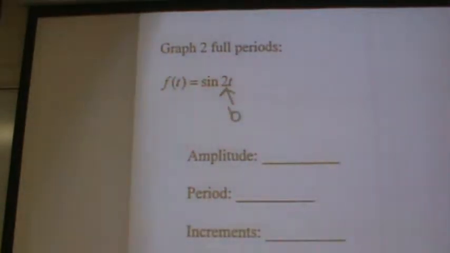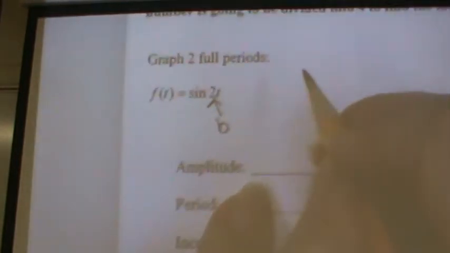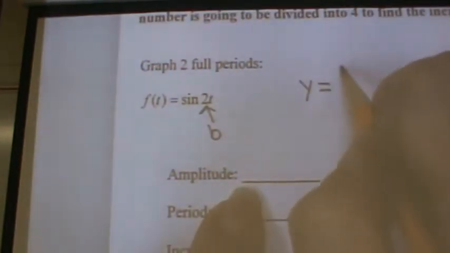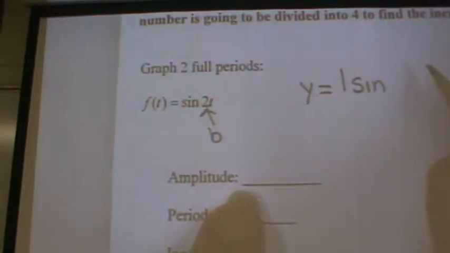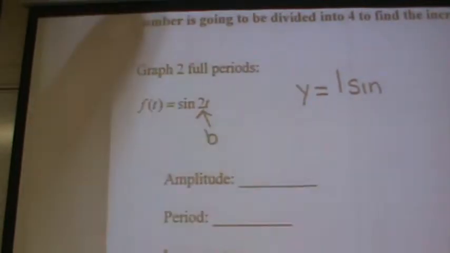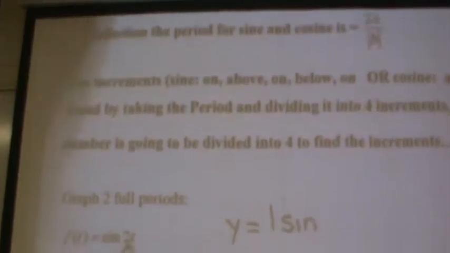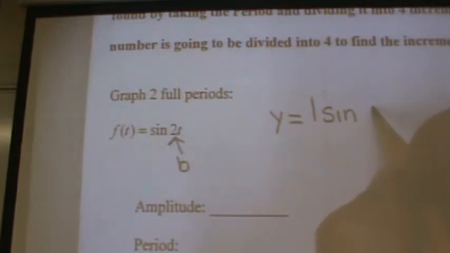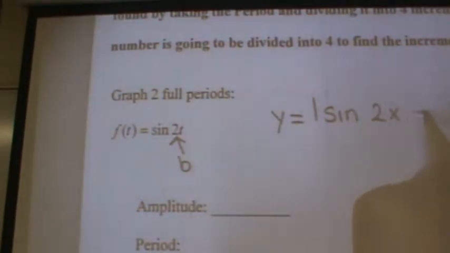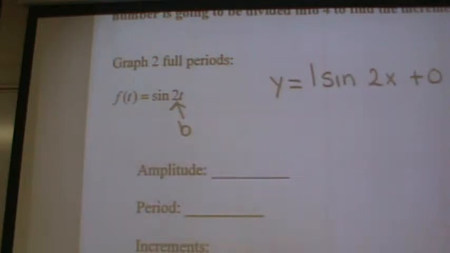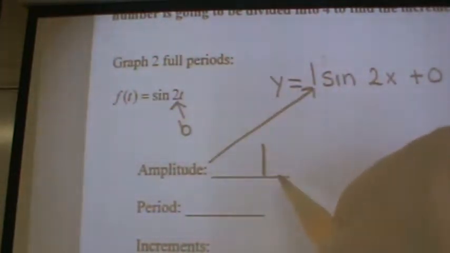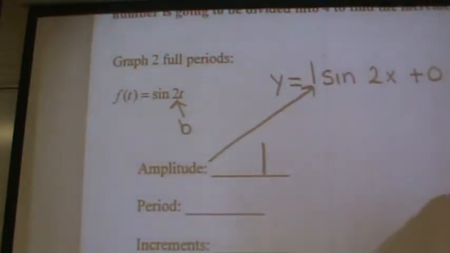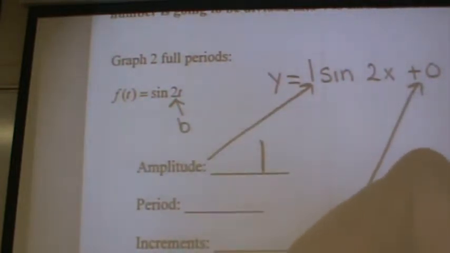The amplitude on this is 1, because it says y equals 1 sine 2x, and then there is no phase shift and no vertical shift. So for this one, the amplitude is 1, and the vertical shift is 0. Now these are the 2 new things that we're going to talk about.